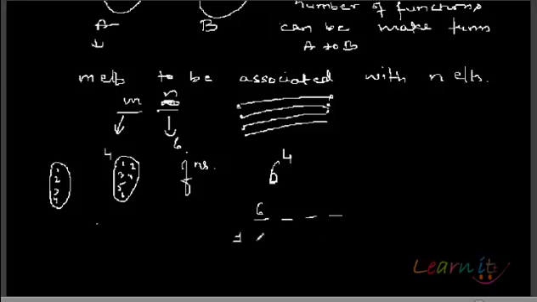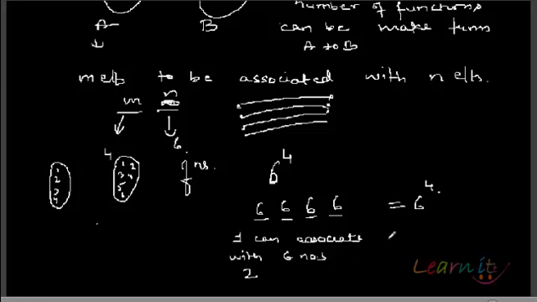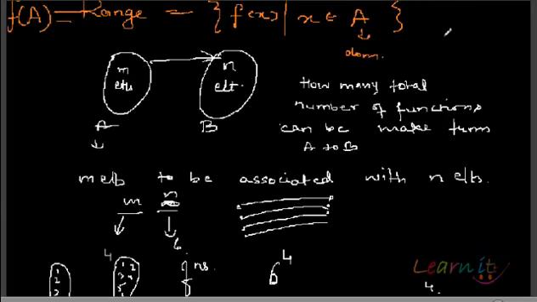Similarly, 3 and 4 can also be associated with 6 numbers. So the number of functions that I can make is 6 to the power 4. So you understand why it is 6 to the power 4.